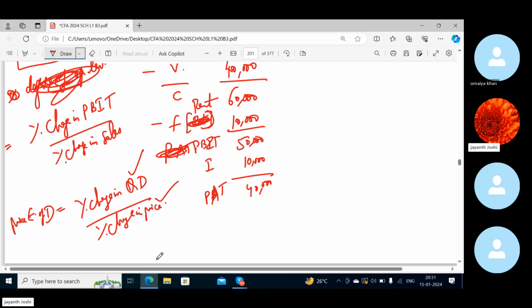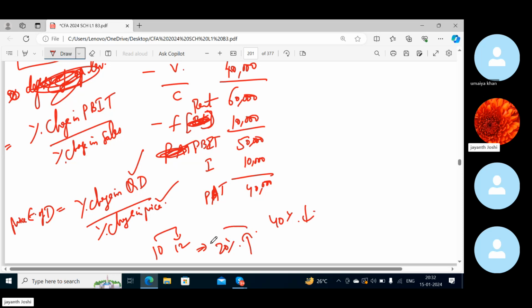How your quantity demanded responds to changes in price. If my price is increasing from 10 to 12, that is 20%, so my price is increasing by 20%. By how much percent will my demand decrease? I have to see that. Let's say it decreases by 40%.